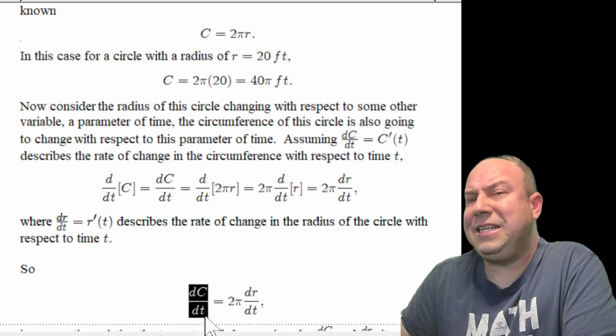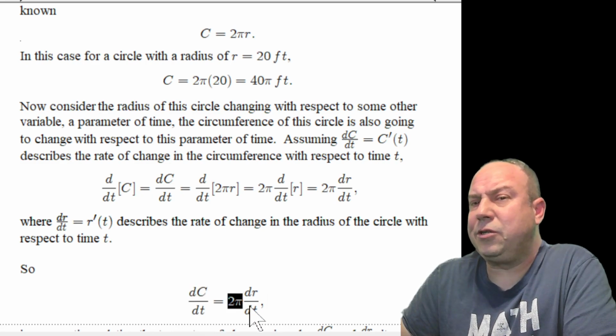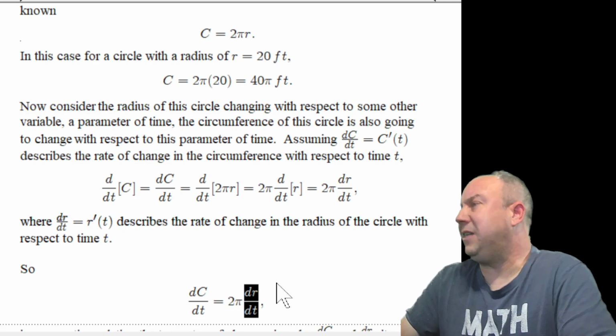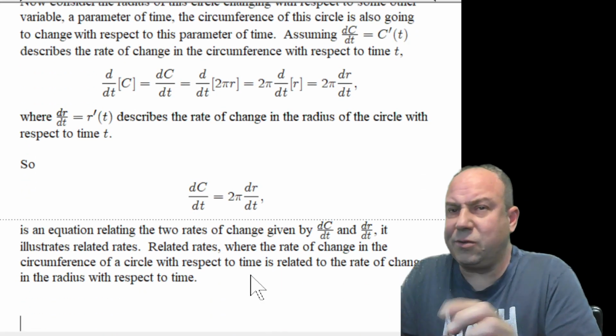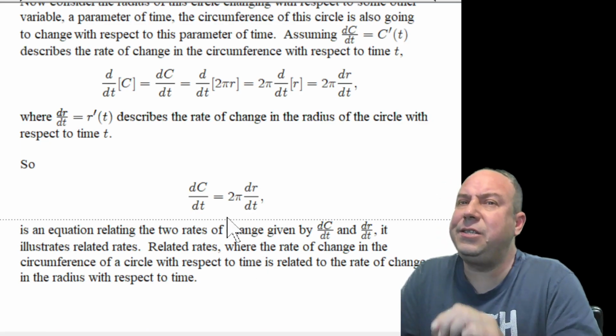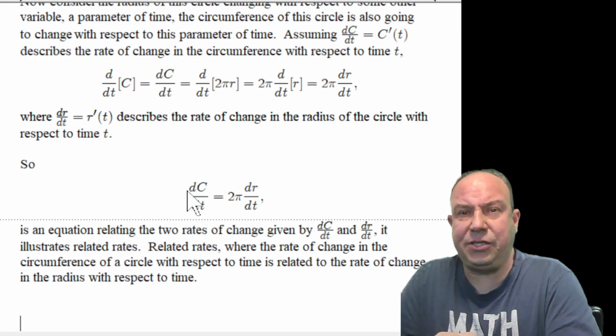That is, dc dt is equal to 2 pi times dr dt, and it is relating these two rates of change.